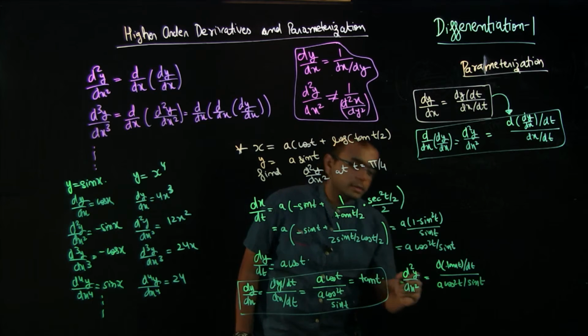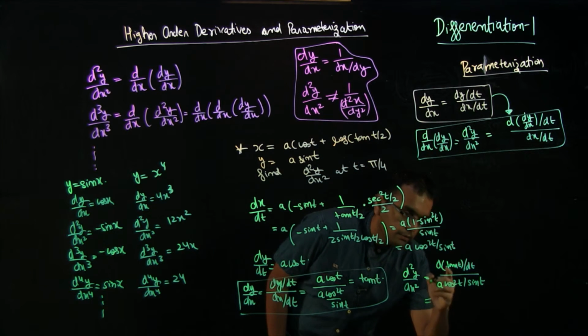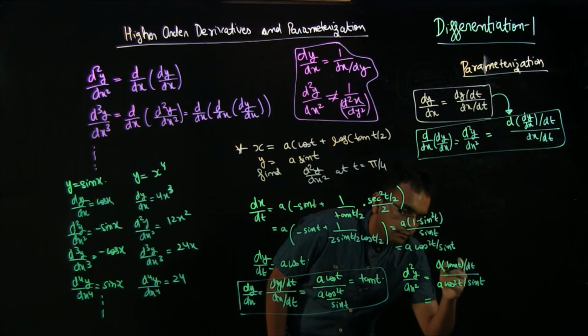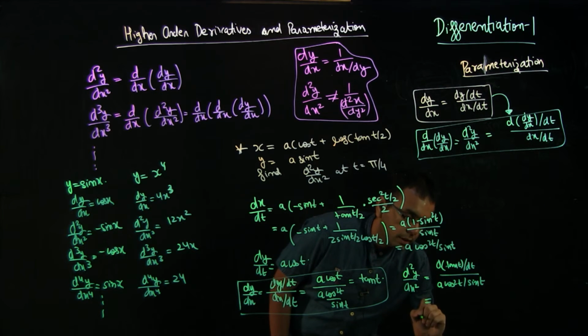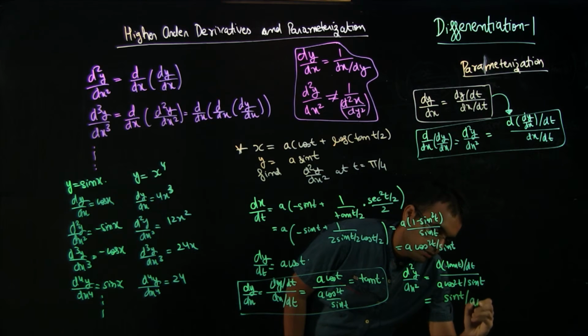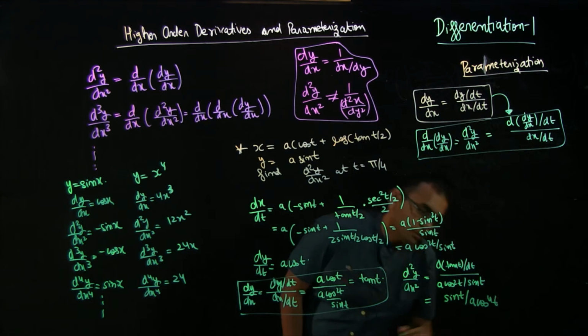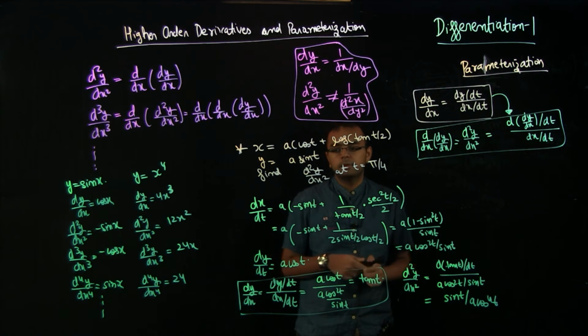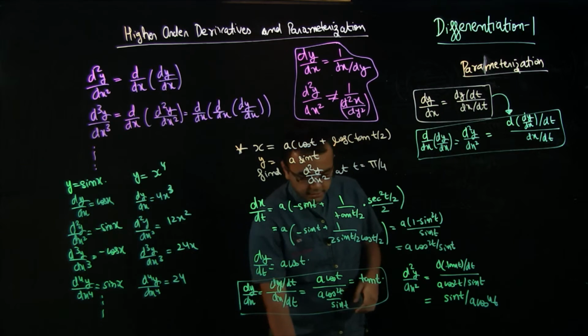If you do that, the derivative of tan t is sec square t, so this will become 1 by cos square, and there is already a cos square in the denominator, so this will become sin t by a cos 4t. Then you can evaluate it at t equal to pi by 4 and write the answer. So the final answer is this.